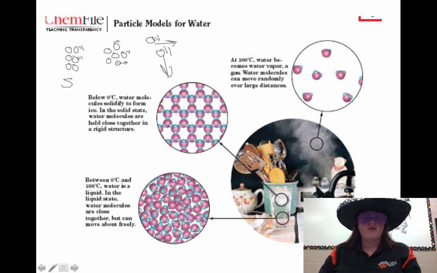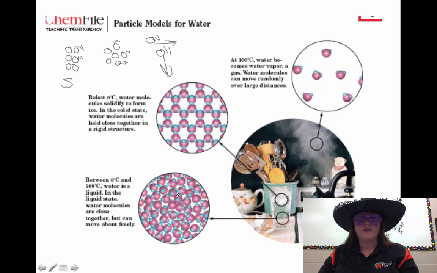I want to remind you that water is a unique substance in this universe. It is a substance that actually, when it becomes a solid, becomes less dense. You can see the solid form here is arranged, and the amount of space between each molecule is significantly more compared to the liquid version in this molecular drawing.